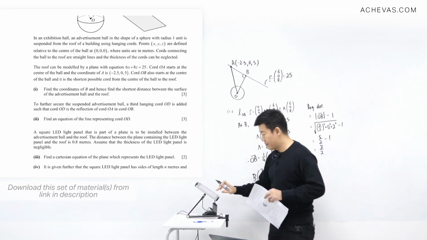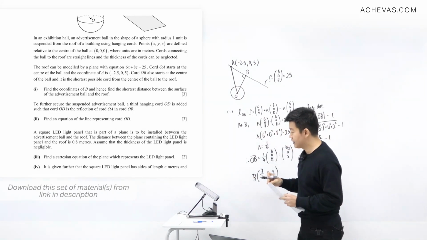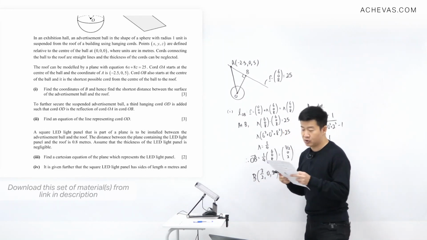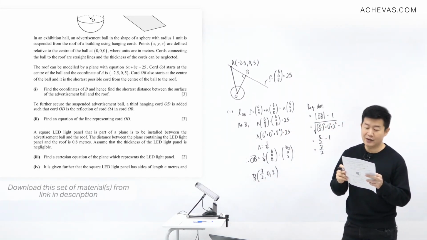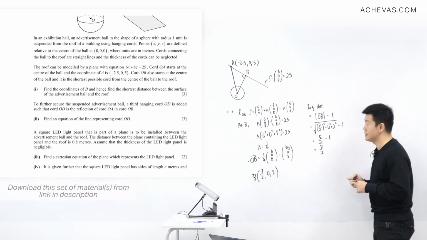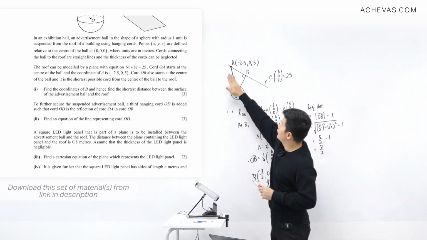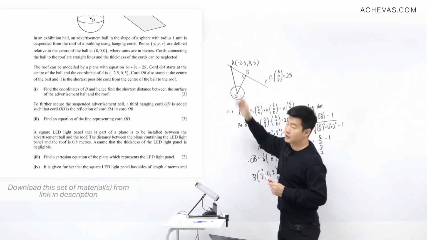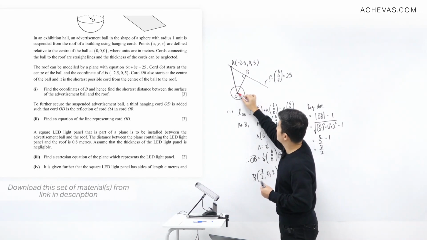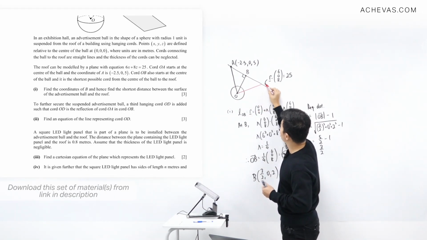Next, part 2. To further secure the suspended advertisement ball, a third hanging chord OD is added to this, such that OD is a reflection of the chord OA in the chord OB. I think this is actually pretty simple because OD is supposed to be here. A reflection of OA about OB is giving me a D that is somewhere here.